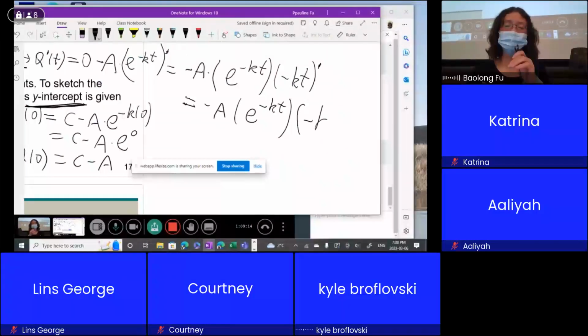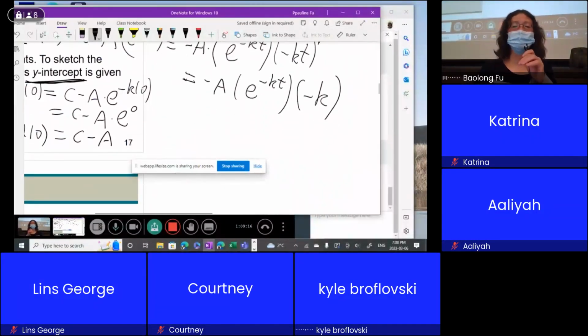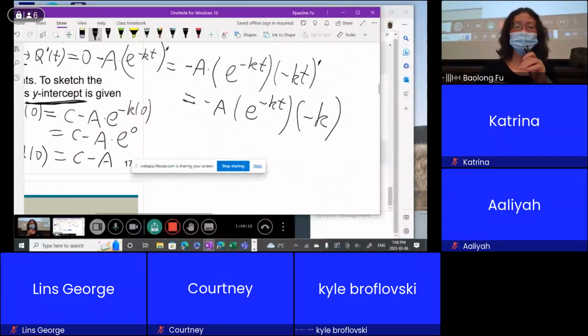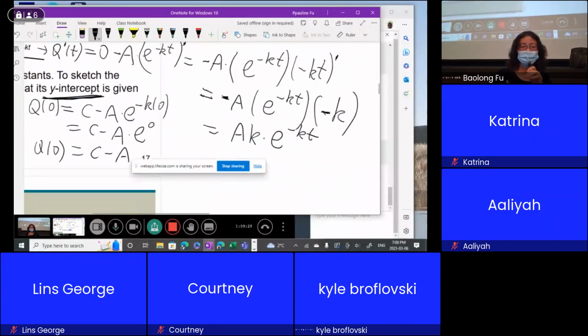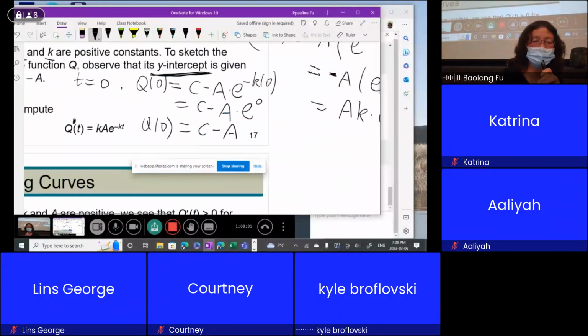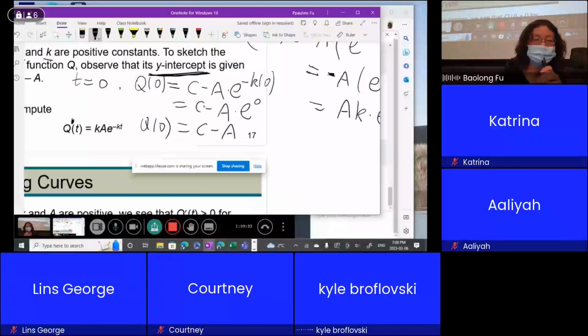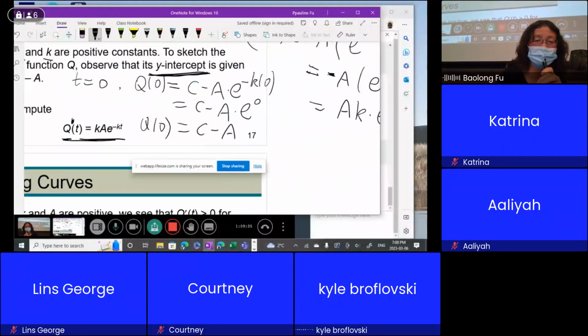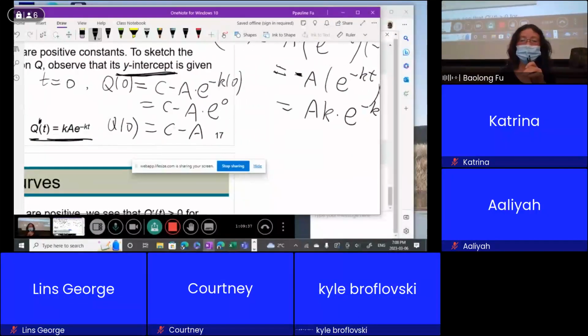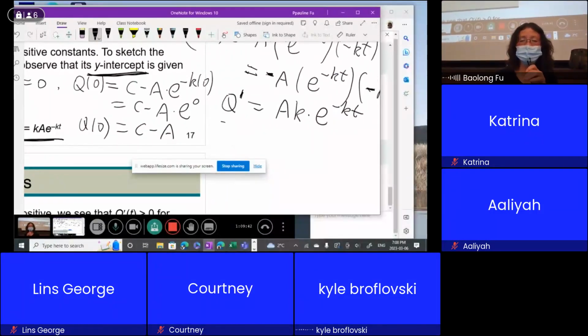It is just negative K. We have negative times negative, the result would be positive A K E negative KT. Okay, so this is how we come up with Q prime equal to K A E negative KT. So Q prime equal to this one.